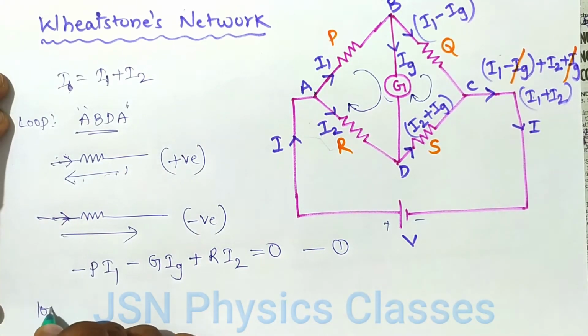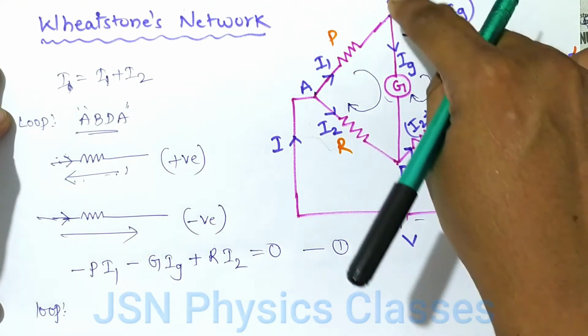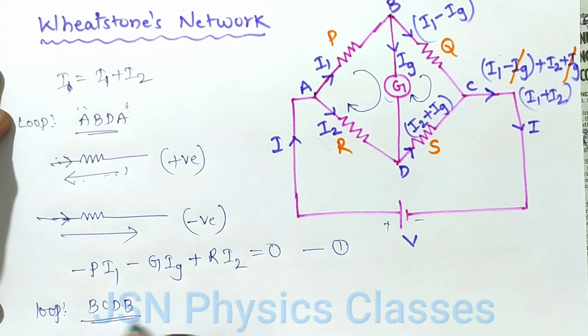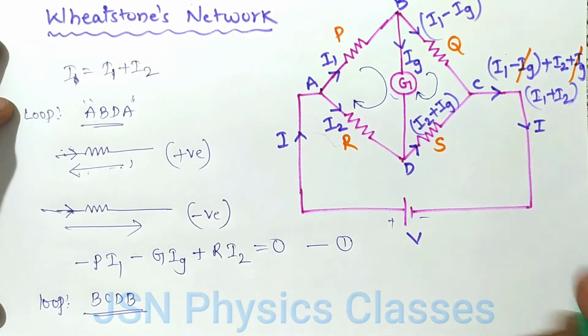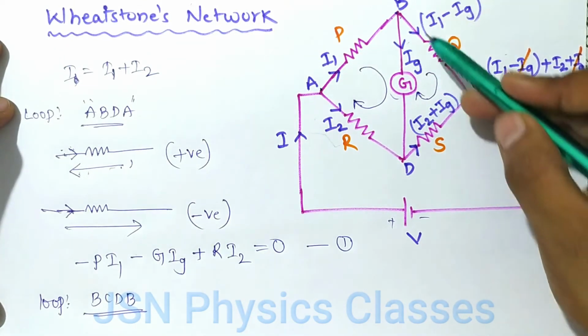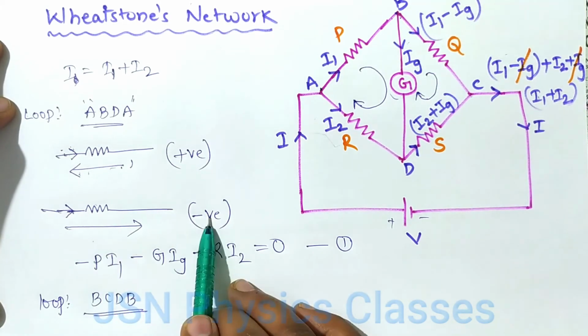Similarly, loop BCDB is the loop. So here B to C, loop direction and actual current direction are same, that is negative.